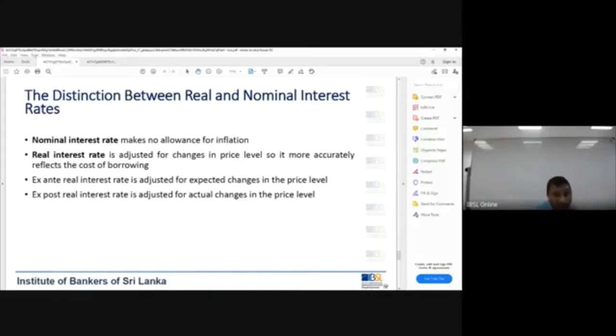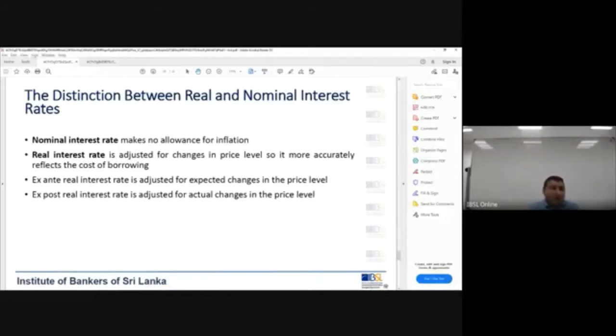The central banks publish expected inflation, and if there is no expected inflation published by any agency in a country, you take current inflation as expected inflation. So you basically see today that I'm looking at an expected inflation of 5% for 1 year from now.